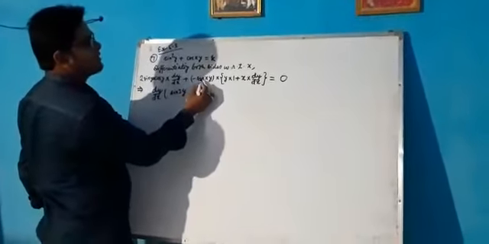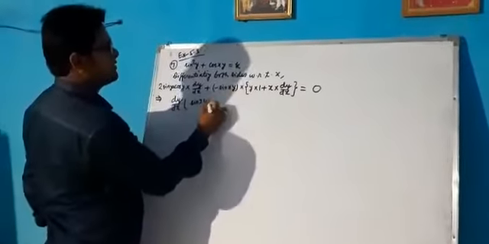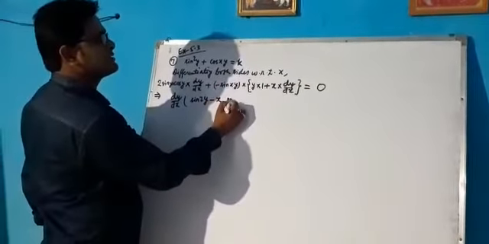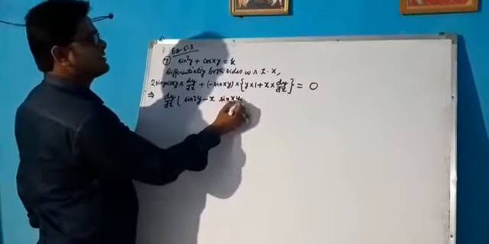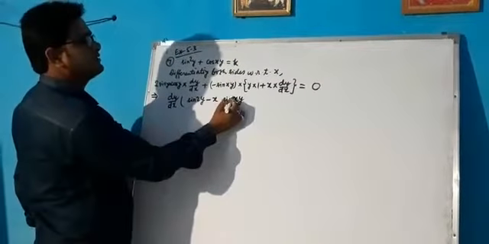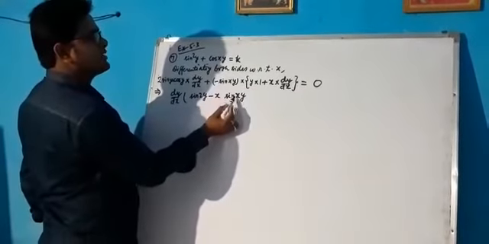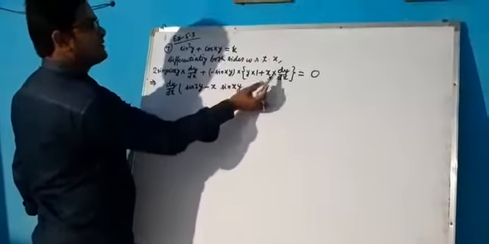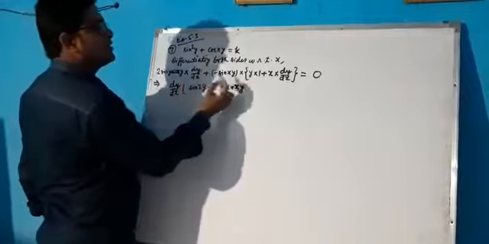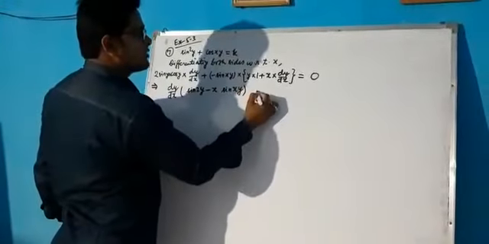Then minus sin xy and this one, so minus x sin xy. Try to understand it: minus x sin xy, with dy by dx taken as common. Now it is closed.